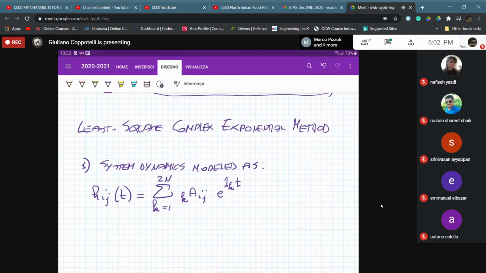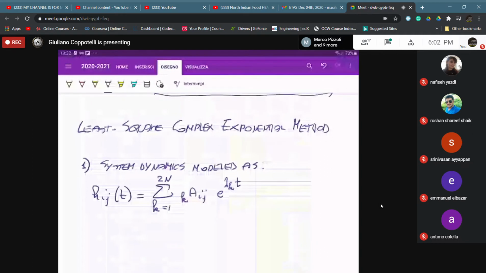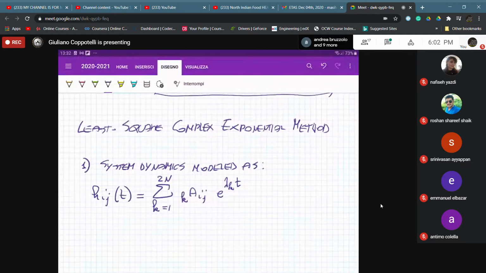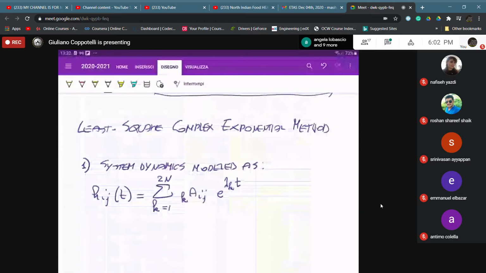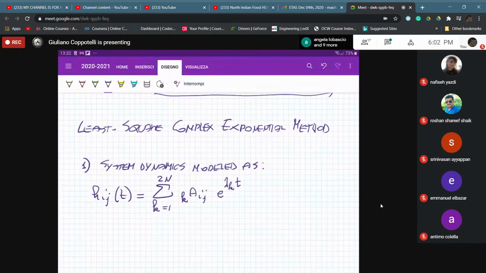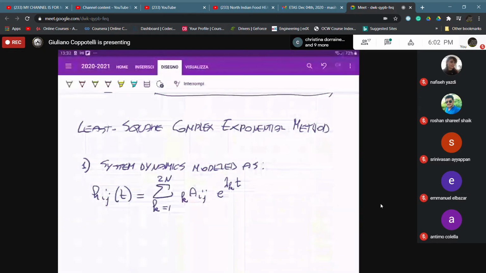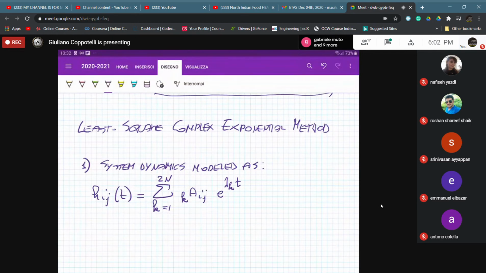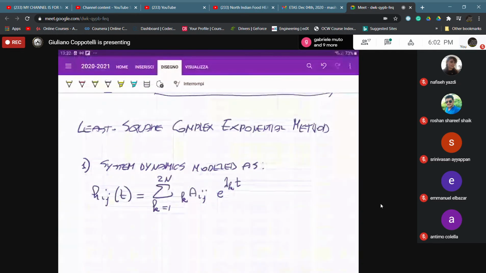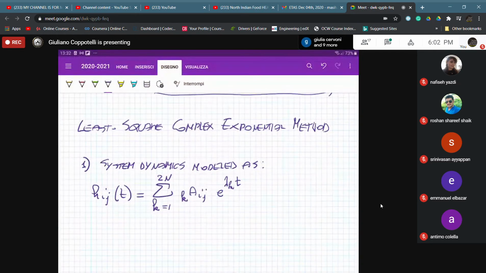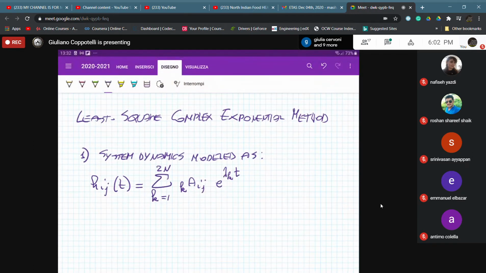We had the hypothesis of a linear system, and the system dynamics was modeled in terms of the impulse response functions, as we can see in the equation, in which the index k goes from 1 to twice the number of sampling points, because we are also considering the complex conjugate parts of the residual terms and the poles.